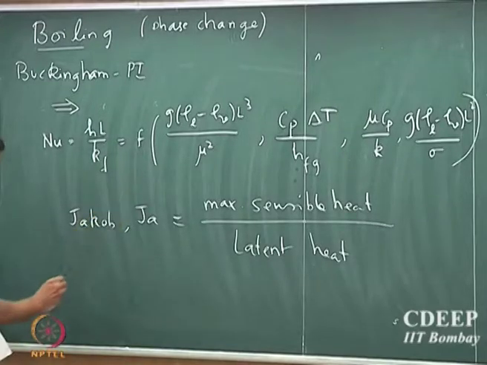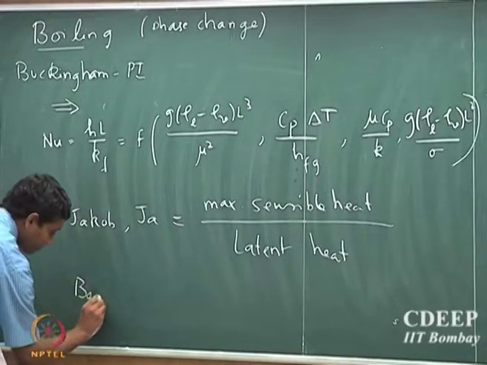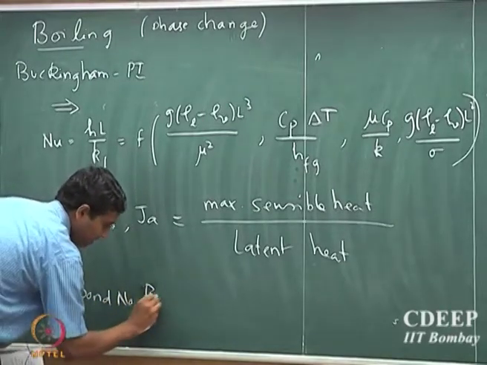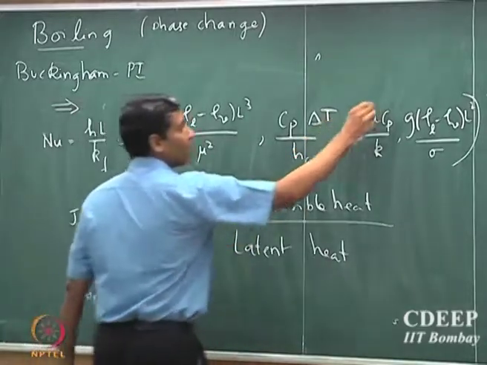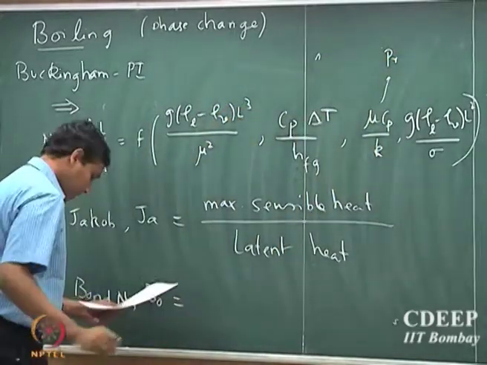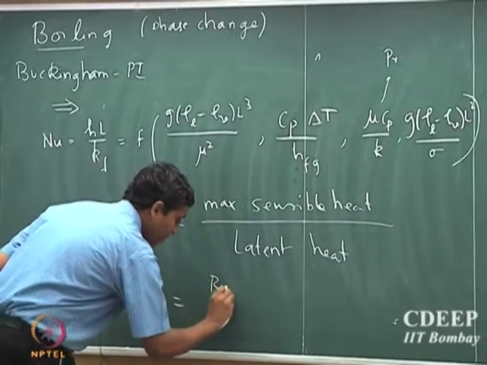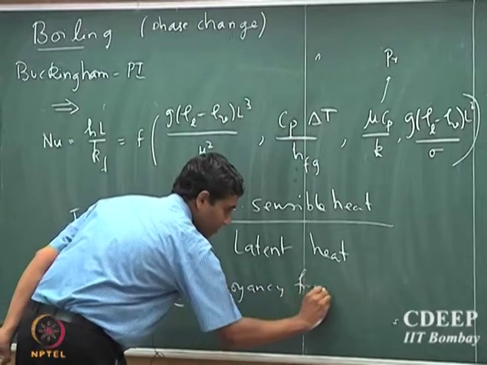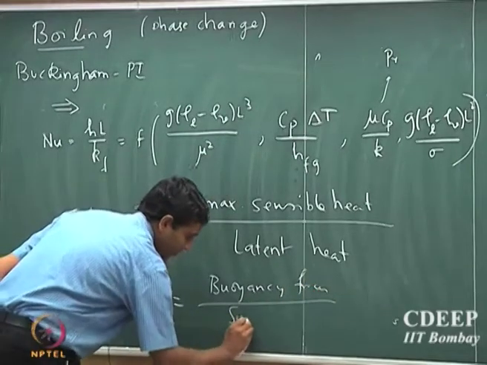Okay. The last one is called the Bond number. This is the Prandtl number, you know that. The Bond number is the ratio of buoyancy forces to surface tension forces.